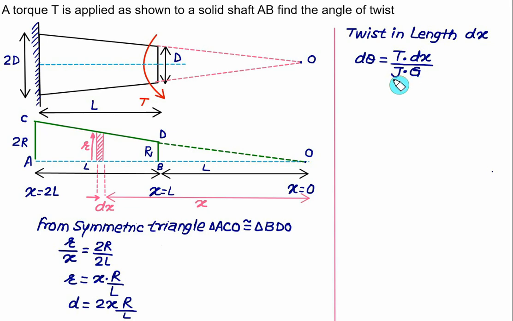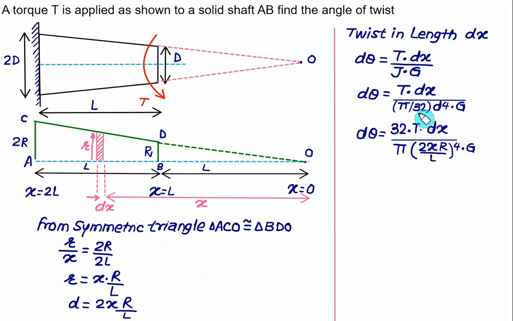This value of J you have to write as pi by 32 into d to the power 4, with d equal to 2x multiplied by R divided by L. So let's substitute it and we'll develop the equation for d theta first. The d theta term as it is, the value of T as it is, dx as it is, and the J term you have to replace as pi by 32, d to the power 4, multiplied by the modulus of rigidity G, and this value of d we can replace as 2 times x multiplied by R divided by L. We'll substitute here and then try to solve this equation.